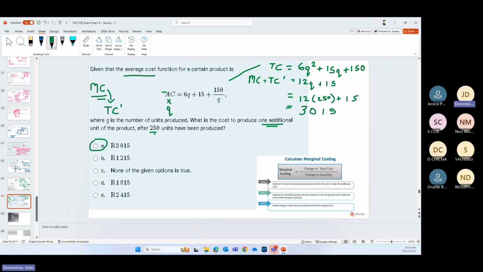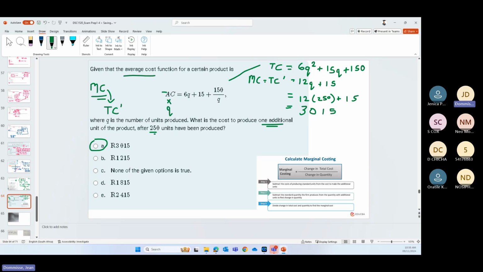Luckily not, so that wouldn't have worked. If we set 250 in that one, that also doesn't seem possible. So luckily none of these would have worked if you just put in 250 here or in that one. But spot on, we need to get to marginal cost.